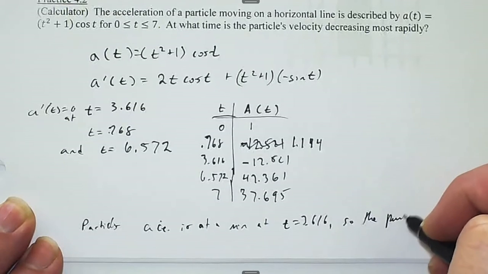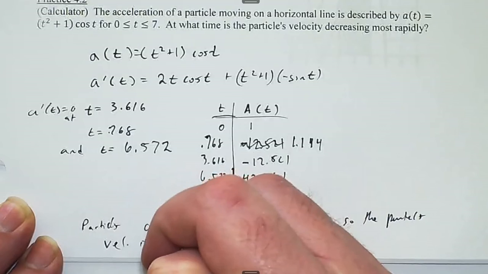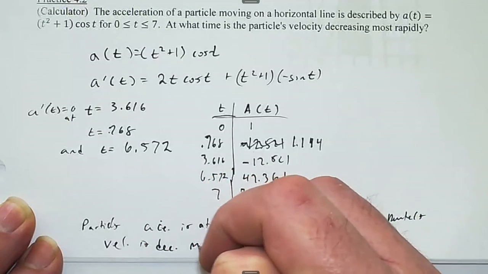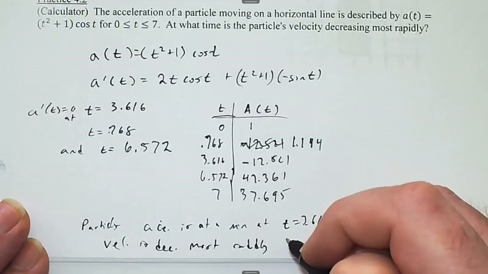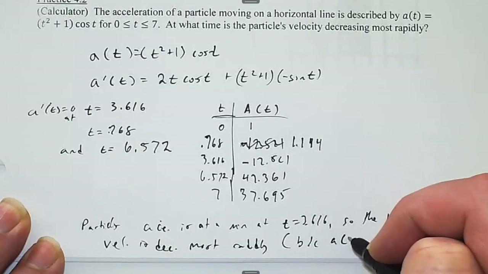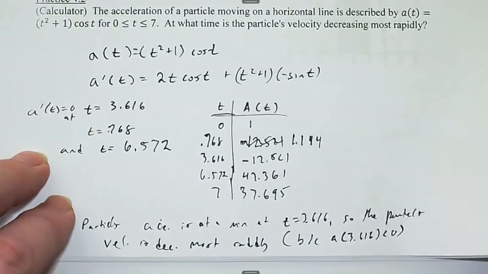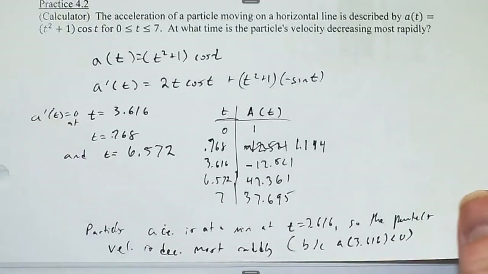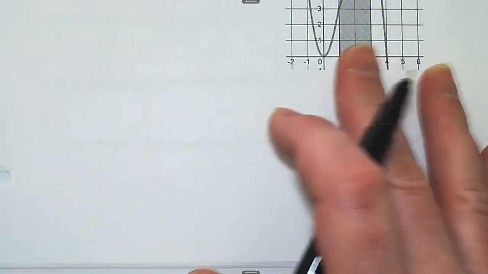So the particle velocity is decreasing most rapidly. I'll make a note because A of 3.616 is negative. Okay, that was important, I think. All right. So yeah, not a neat problem, I think.